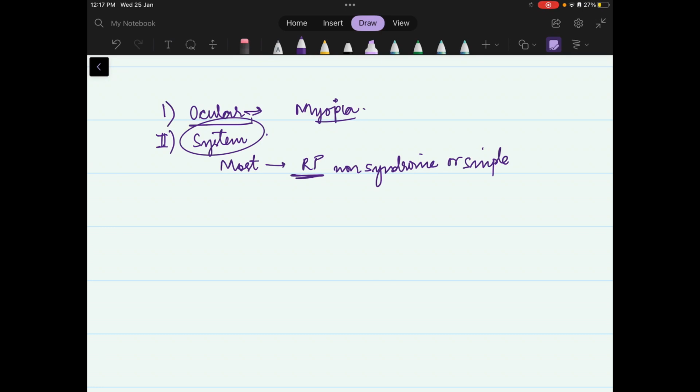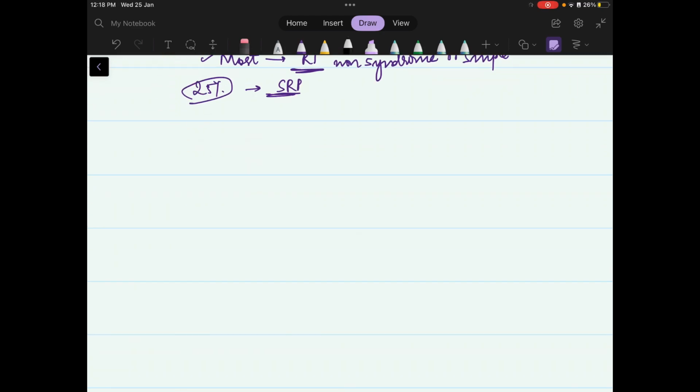Now there will be other cases, about 25%. As I told you, most cases are non-syndromic, but 25% will be syndromic. The syndromes are important; MCQs might be asked. First is Laurence-Moon-Biddle syndrome. You can remember it by the mnemonic OGPM.